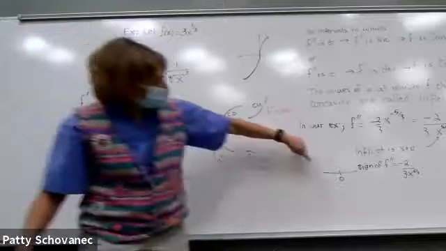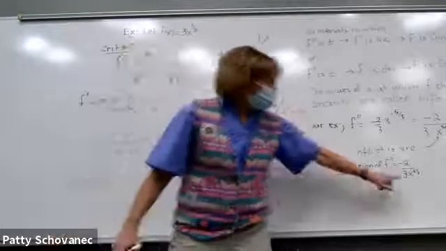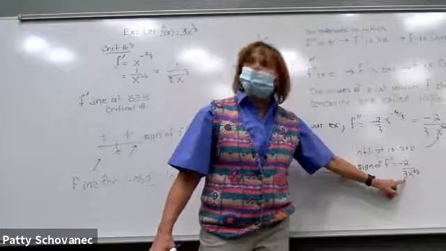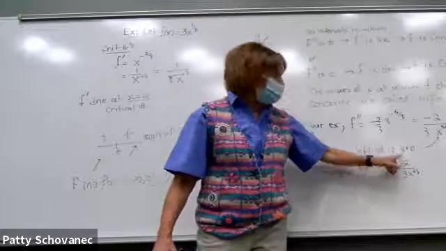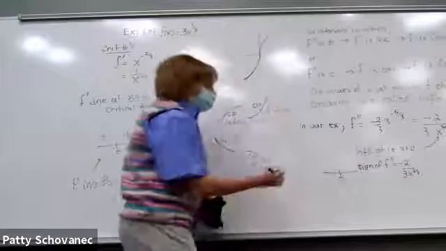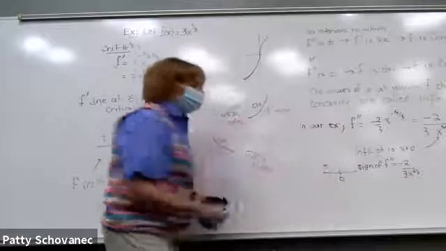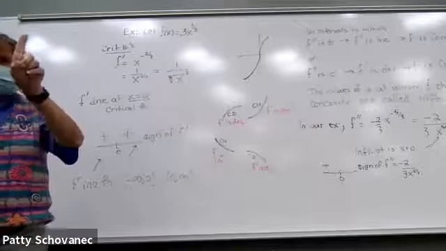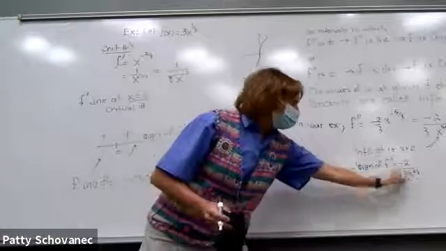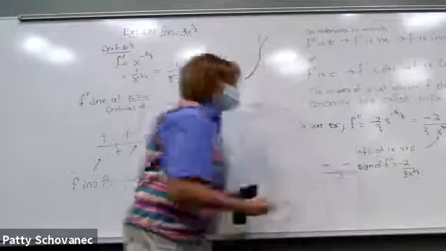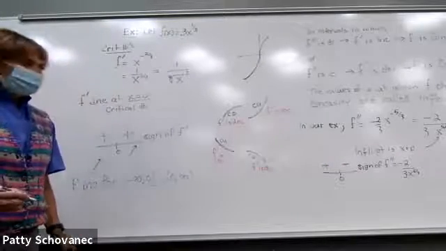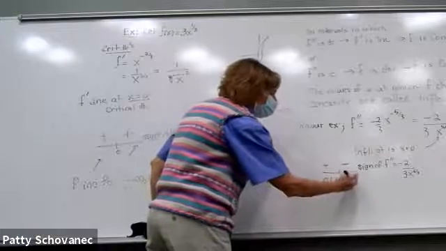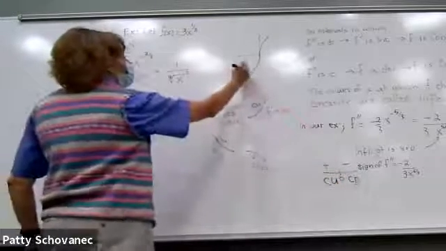So if I put a -1 in for x, -1 to the 5/3 is negative. Multiplying it by 3, it's still negative. Then I have a -2 divided by a -3, and that's going to be a positive value for that second derivative. 1 to any power is 1. So if I put a 1 in here, I get a -2/3. So my second derivative does that, which says that my graph is concave upward here and concave downward there, the way that I've drawn it.